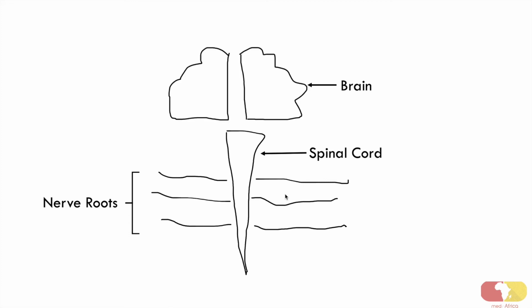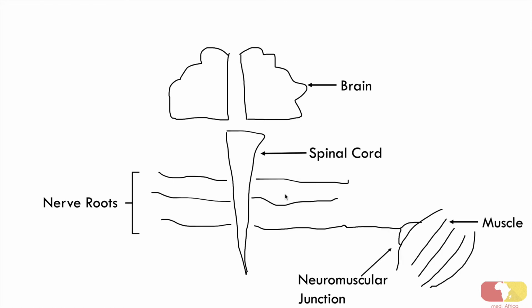So your problem could be in the brain itself, or it could be in the spinal cord, or it could be in the nerve roots, or it could be in another place that I hadn't mentioned before, which is where your nerves join or enter your muscle. And this junction between your nerves and your muscle is known as a neuromuscular junction. And you can have specific problems that only affect this site.